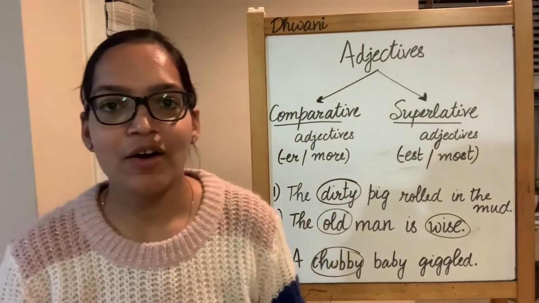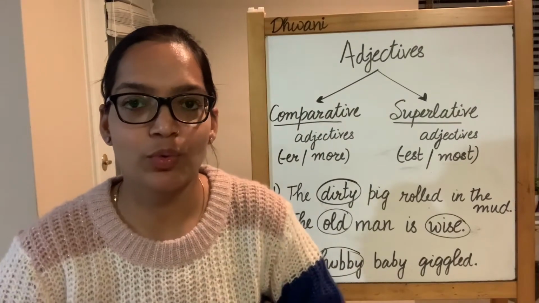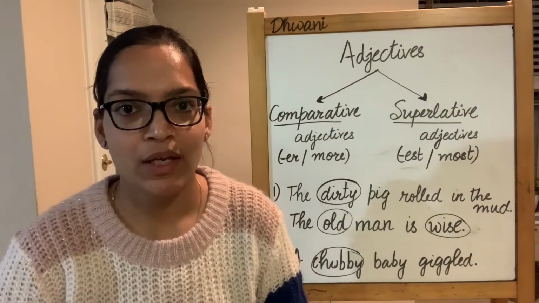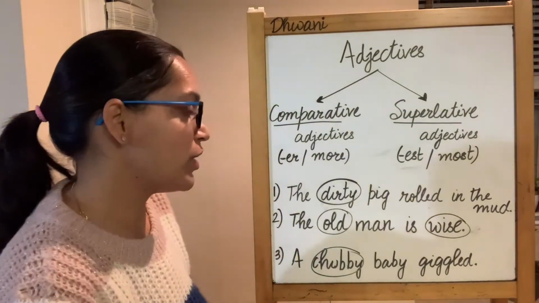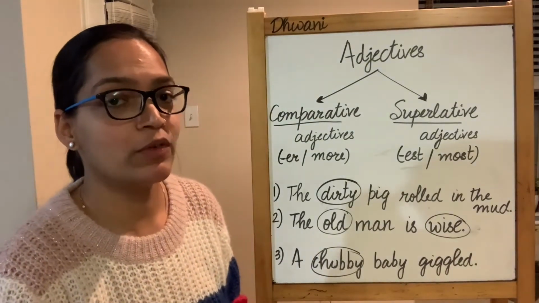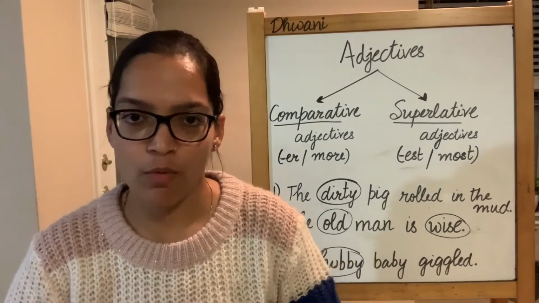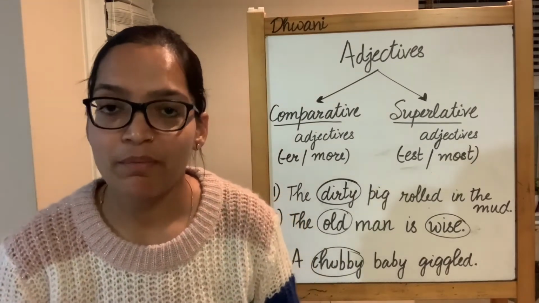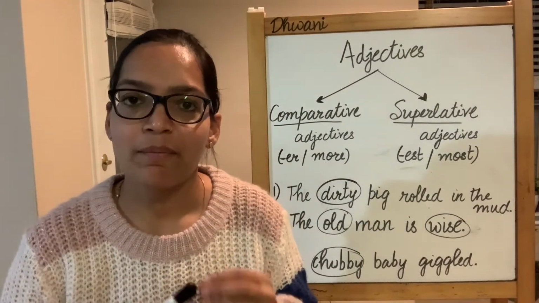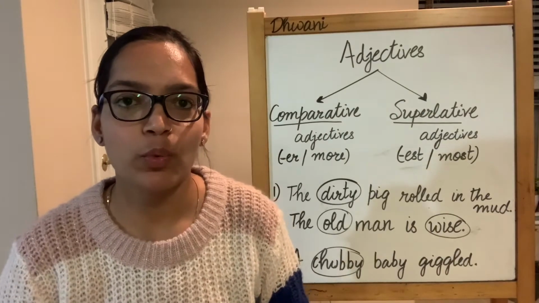So you see how we use the adjectives to describe our nouns. It becomes more vivid. The picture is becoming more vivid when you're using adjectives. Now let's understand what the comparative form of the adjectives is. The word comparative is derived from the root word compare.